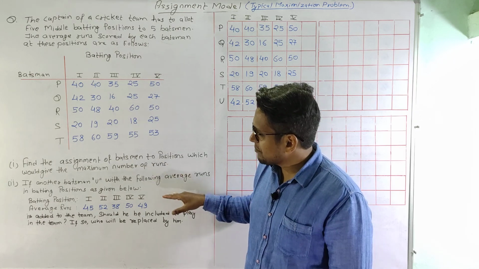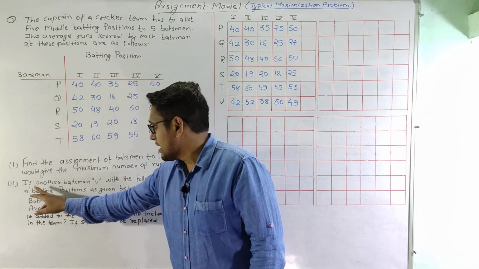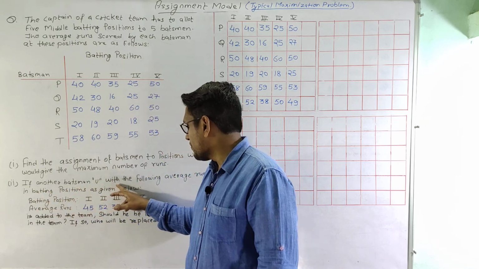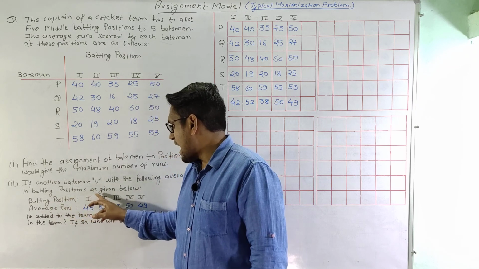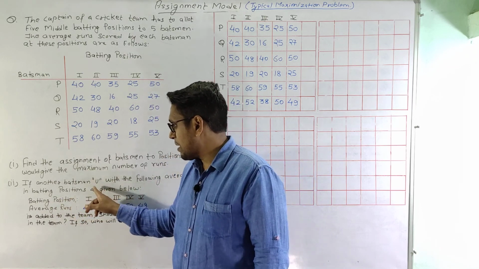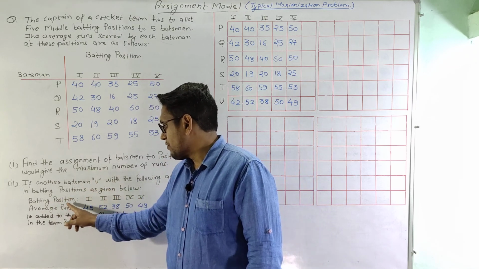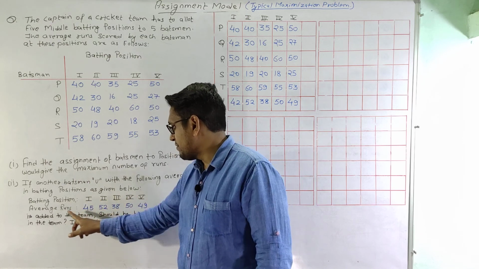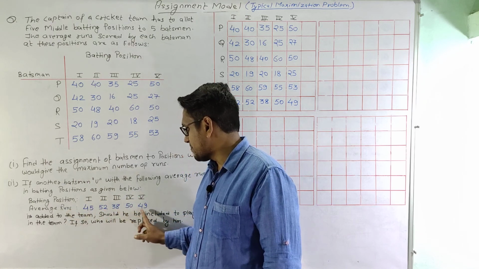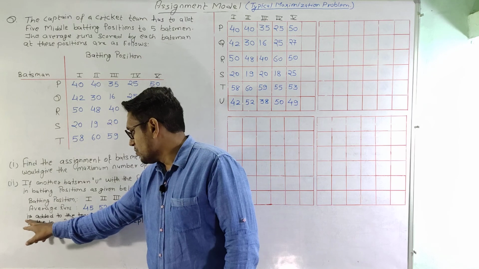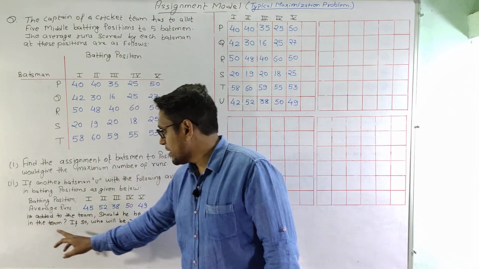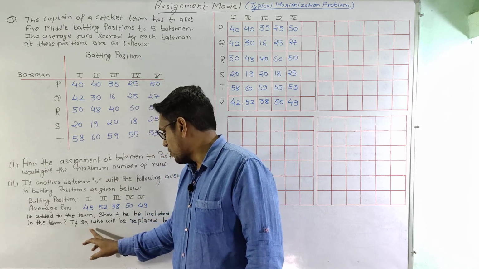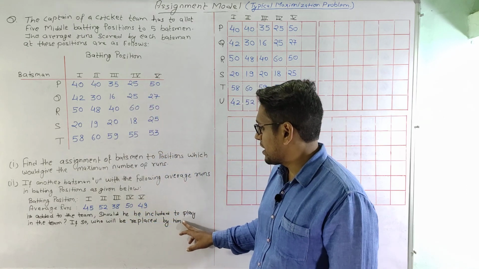Now in the second part it says that if another batsman U with the following average runs in batting positions as given below. So another batsman U has been considered for batting positions 1, 2, 3, 4, 5. He has certain averages, and if this U is added to the team, should he be included to play in the team? If so, who will be replaced by him?